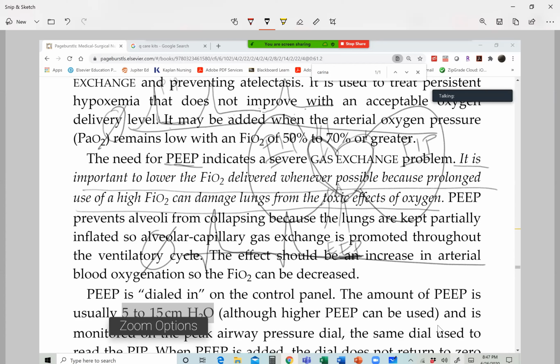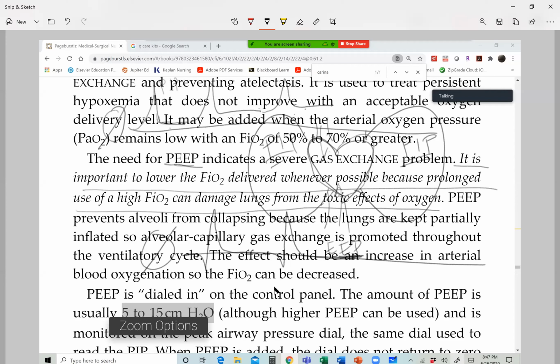So you can't have a high PEEP. So 5 to 15 is tolerable. That pressure won't really harm cardiac output very much. But the duration at which you apply that can matter. So usually we're happy as long as it's 5, maybe 10, that's fine. It will not have any major impact on cardiac output at all.